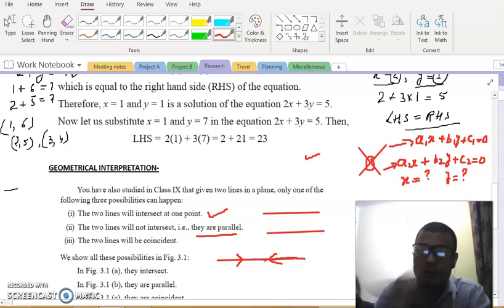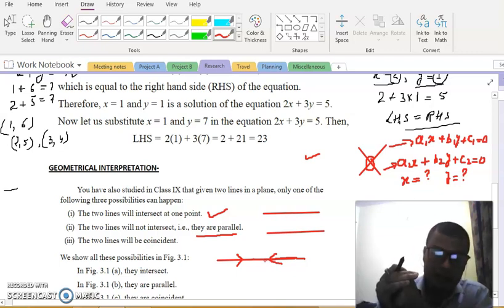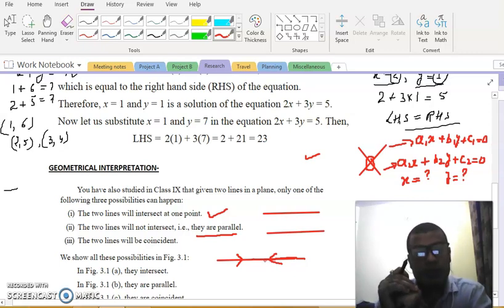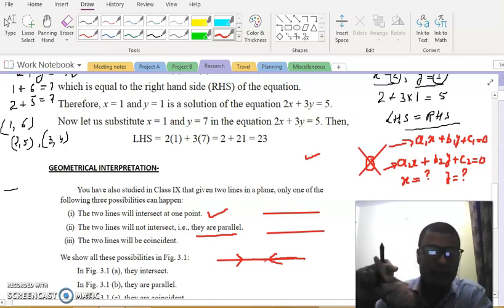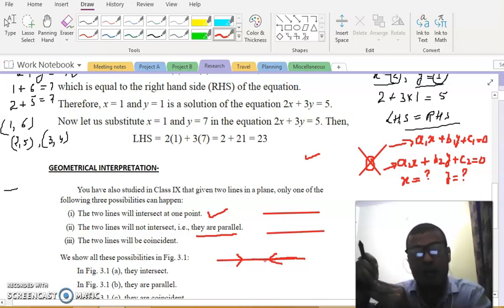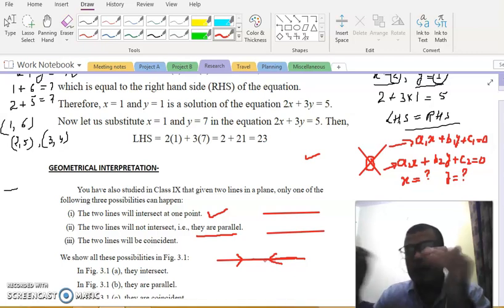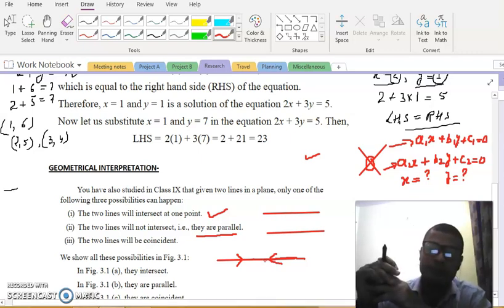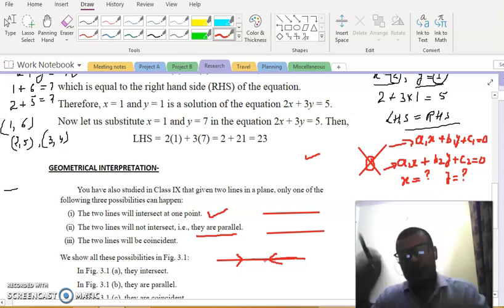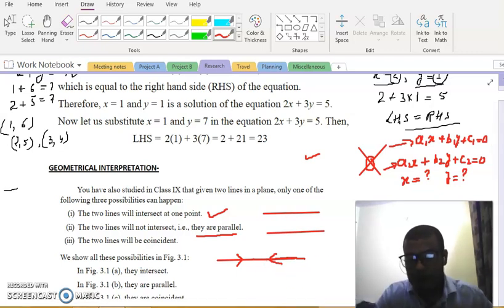I will explain once again. We have three conditions. The very first condition is the lines are intersecting. The second condition is the lines are parallel, in which case no solution exists. And the third condition is the lines are coincident. You can say the lines are overlapping each other. Once again I'll show you all these three conditions geometrically.